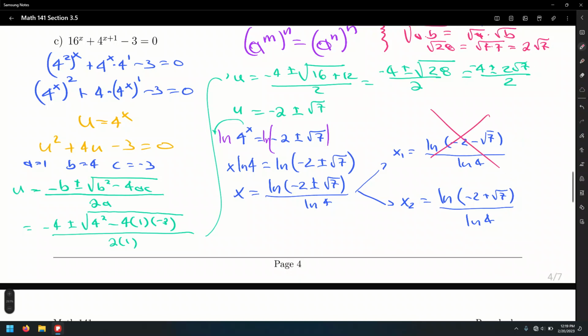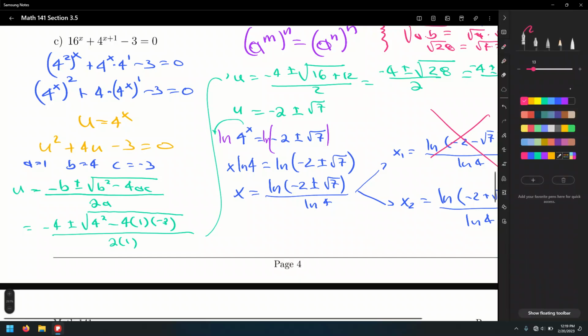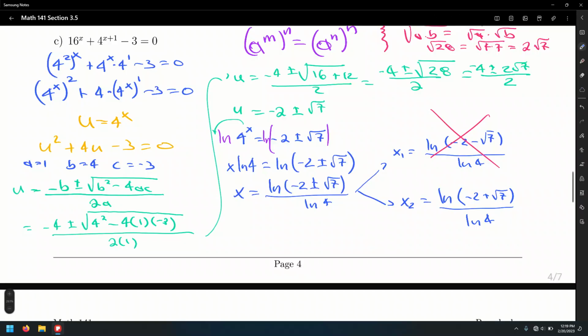But what about the next one? Well, whatever that is, I actually have the result in approximate form. So that's approximately negative 0.3155. And again, when we're solving this kind of equation, we want not just the exact solution, but also an approximate solution.